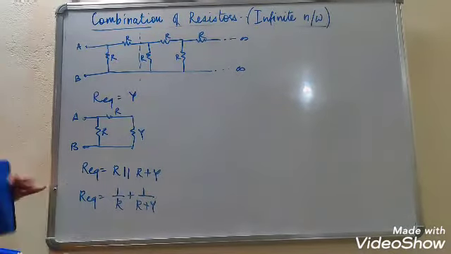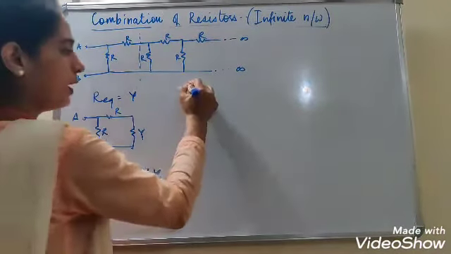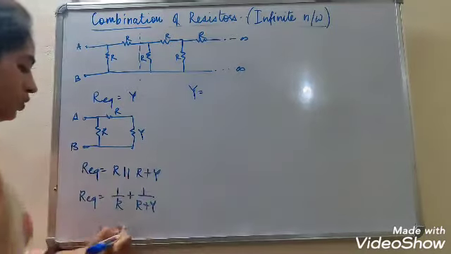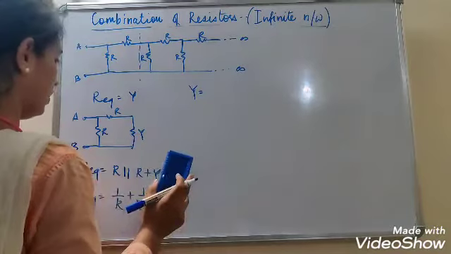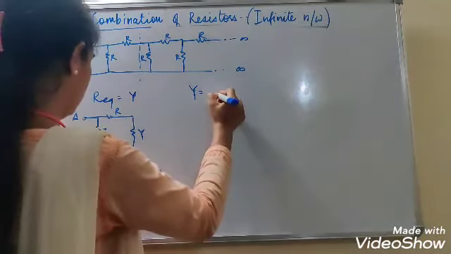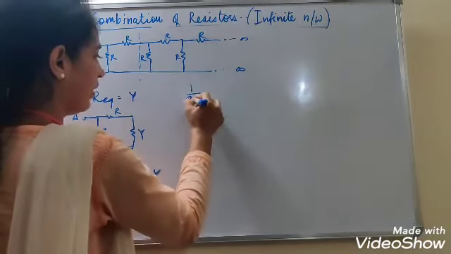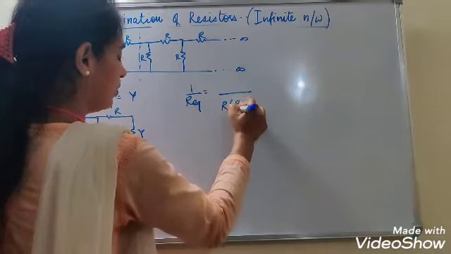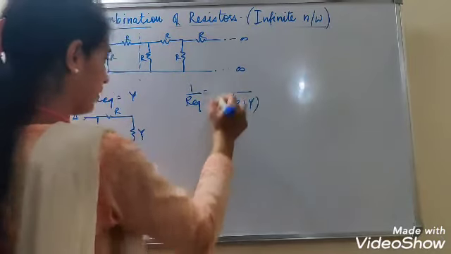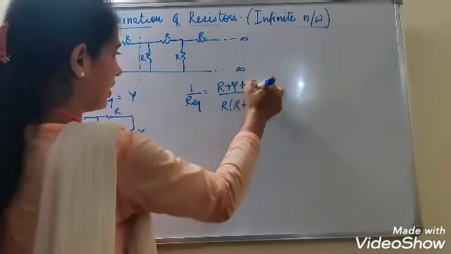What is R equivalent? Equal to Y. So Y is equal to, see, first we write 1 by R equivalent is equal to R plus Y plus R upon R into R plus Y.